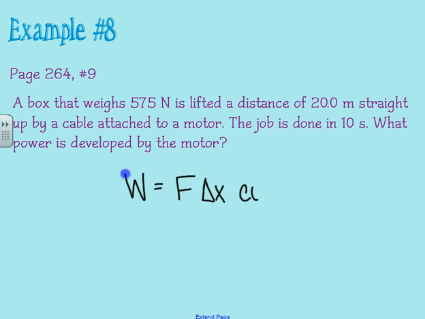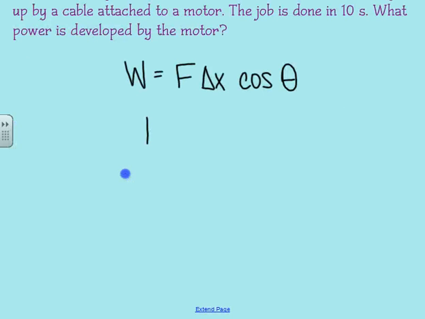Work is F delta x cosine theta. As we learned in class, when you are lifting something up, the force to lift is equal in magnitude to the force of gravity.